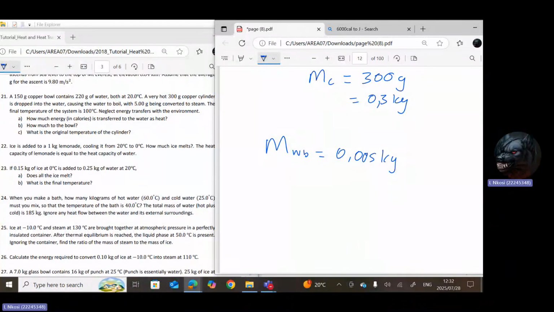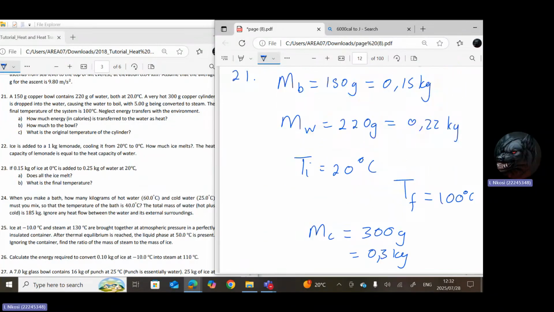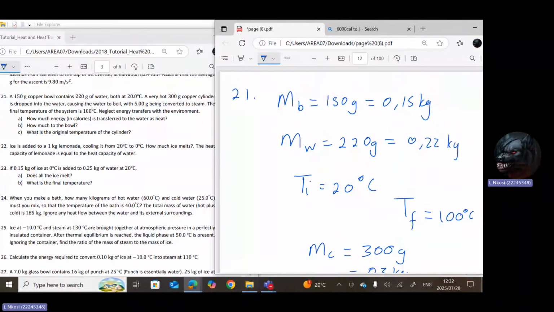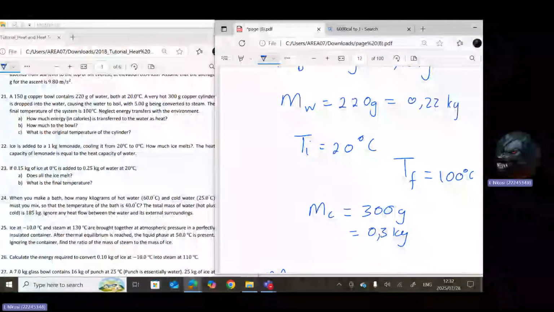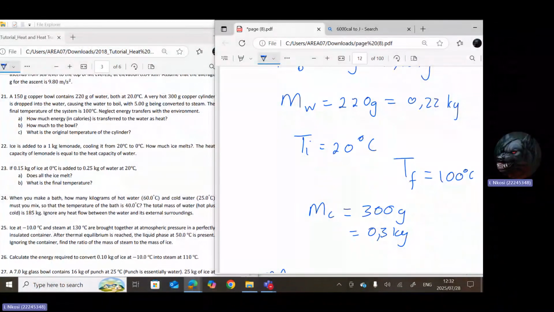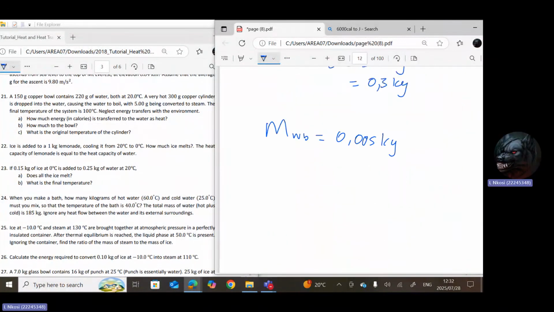How much energy in calories is transferred to the water as heat? As heat, how much did the water gain? It's easy to look at, because you have the mass of the water and the temperature change, so you can calculate how much heat it gained.